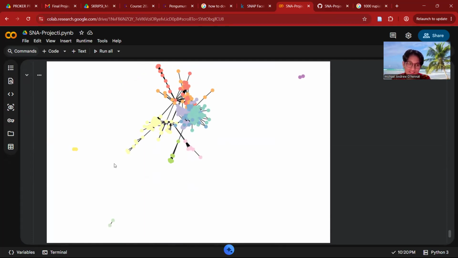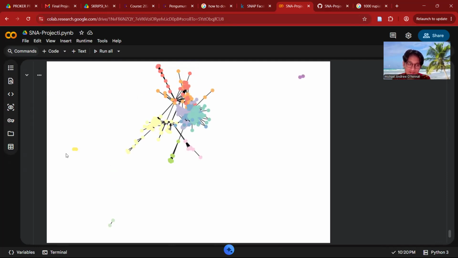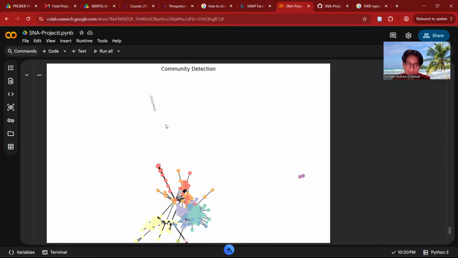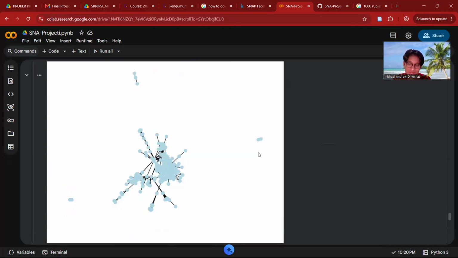So we can see the communities of this light green, dark yellow, gray, and purple. They're separate from the main community here. It's the same as above.